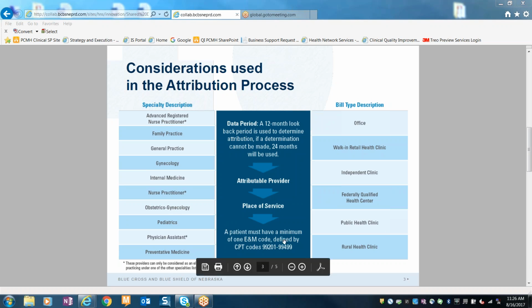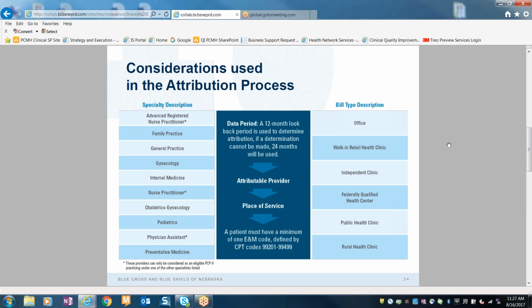One thing that I should probably mention too, and I know it's listed down here, but it's kind of in the fine print. With the mid-level practitioners that are listed here, all with the asterisk next to their specialty, they need to be practicing within a primary care clinic and under the supervision of a primary care physician in order to be eligible for attribution.